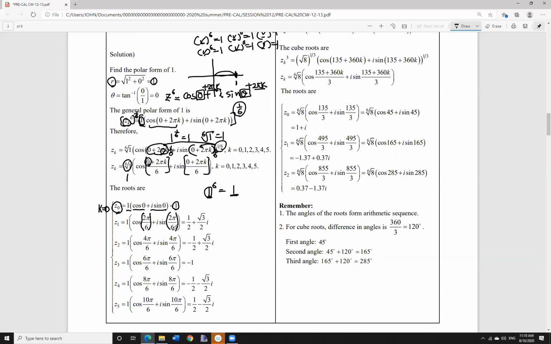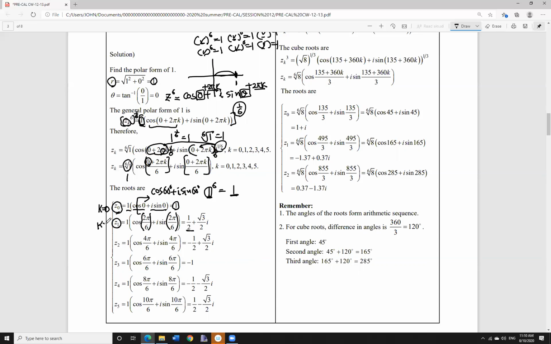Cosine pi over 3 means what? Cosine 60 degrees plus i sine 60. We know that cosine 60 is what? Special angle, okay? That is 1/2. Sine 60 is what? Root 3 over 2. That's i. That's just the second root.